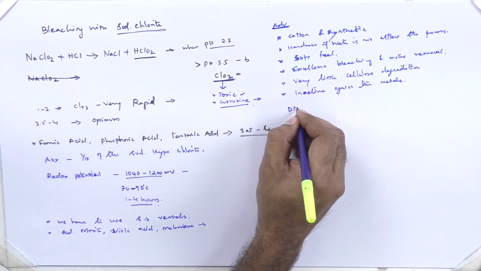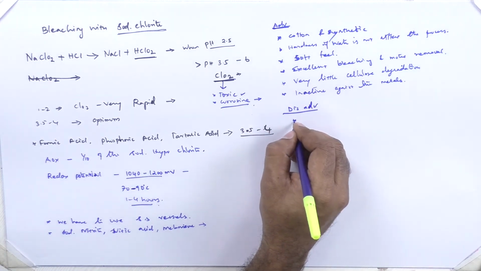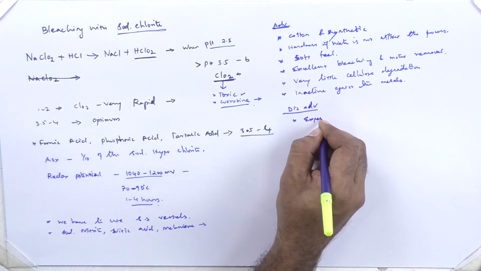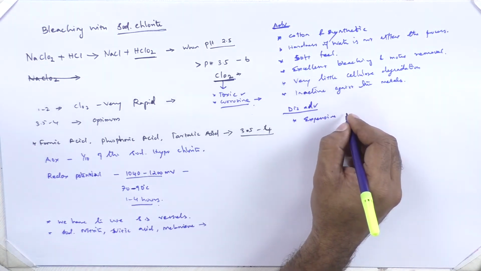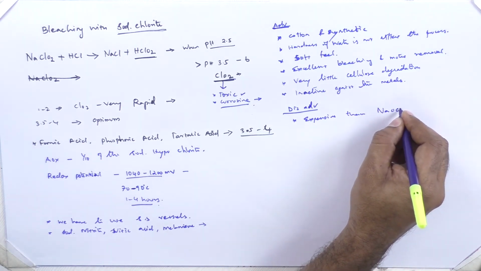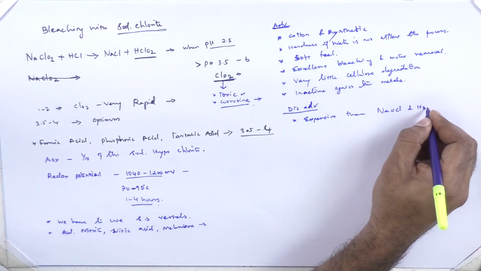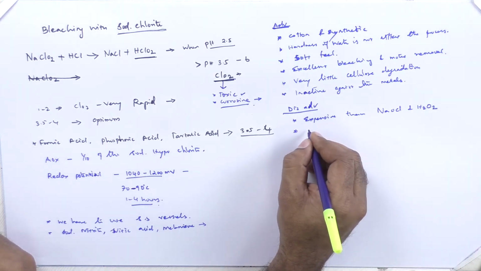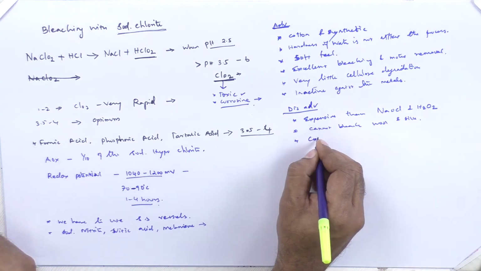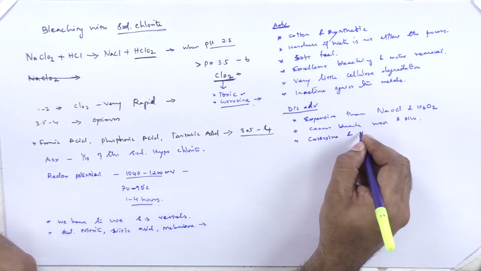And the disadvantages: it is more expensive than sodium hypochlorite and hydrogen peroxide. You cannot bleach wool or silk, it is corrosive in nature and toxic.